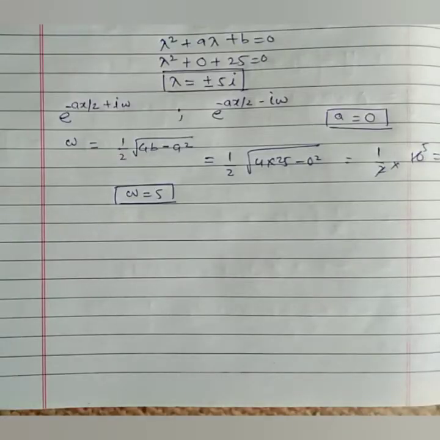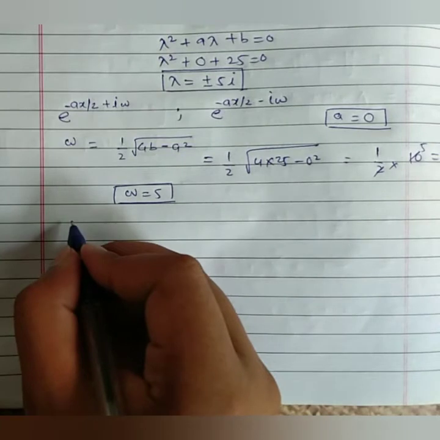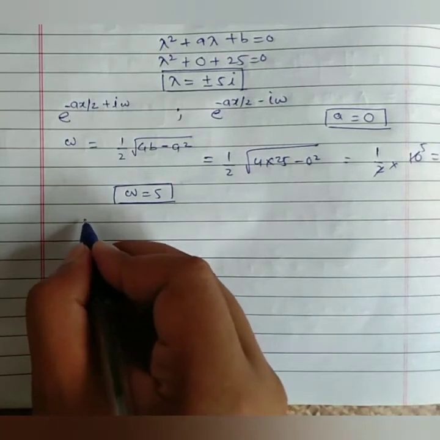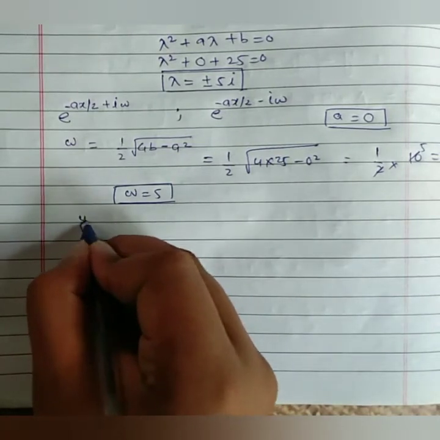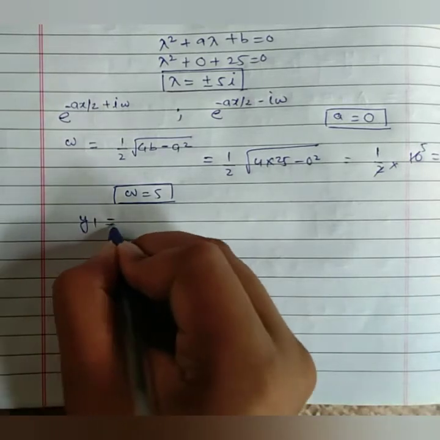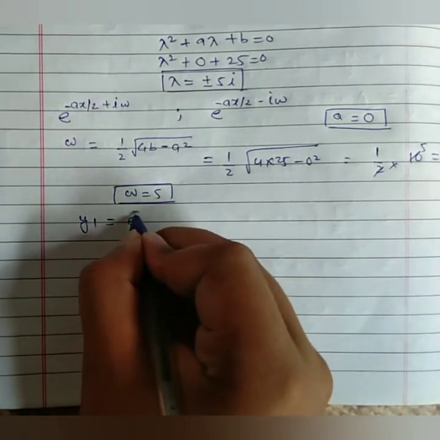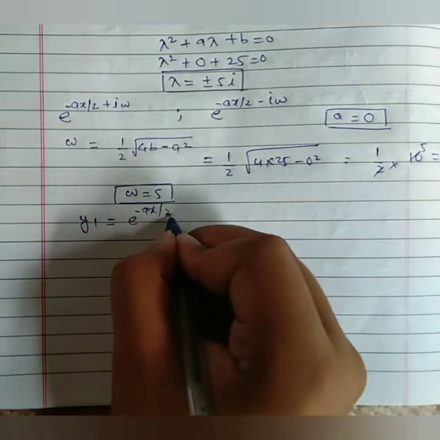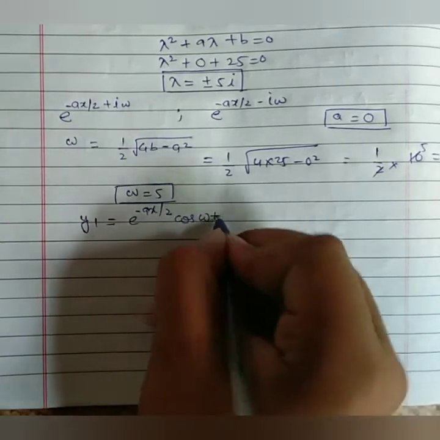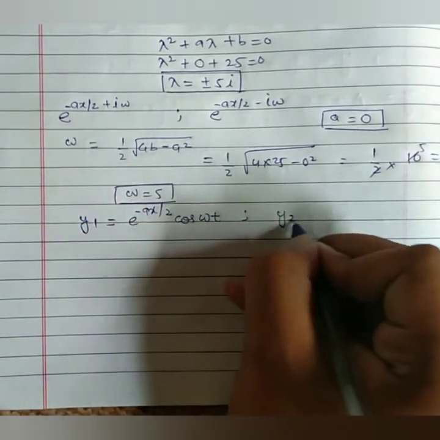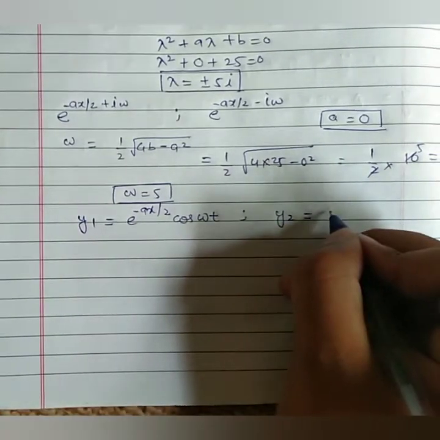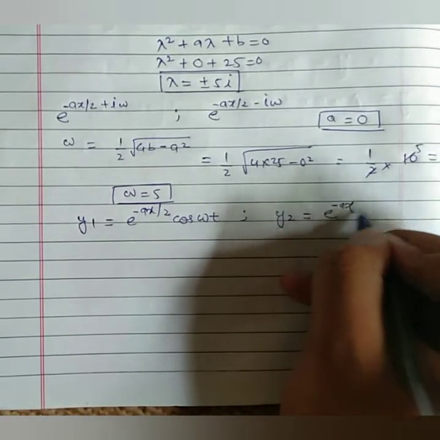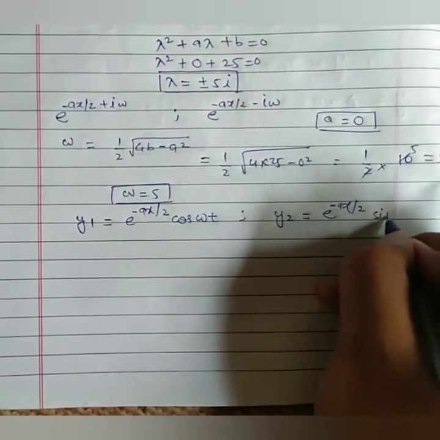Now using Euler's formula, and adding, subtracting and multiplying with suitable constants, we get the solution yh, which can be written as the sum of y1 and y2. y1 is of the form e power minus ax by 2 cos omega t, and y2 is e raised to the power minus ax by 2 sin omega t.